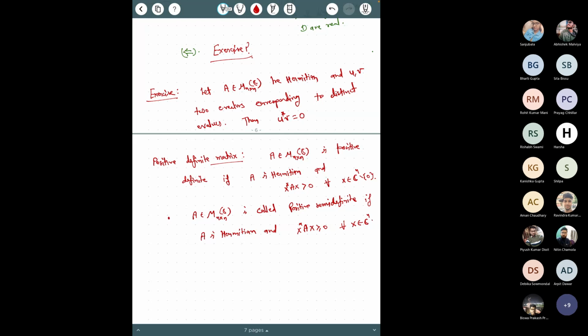The same way you can also talk about negative definite and negative semi-definite matrices.